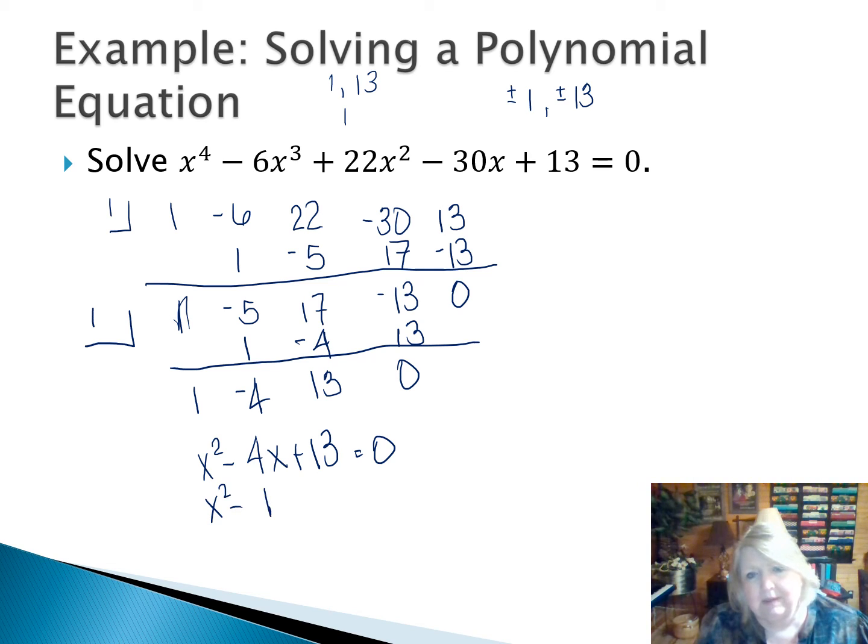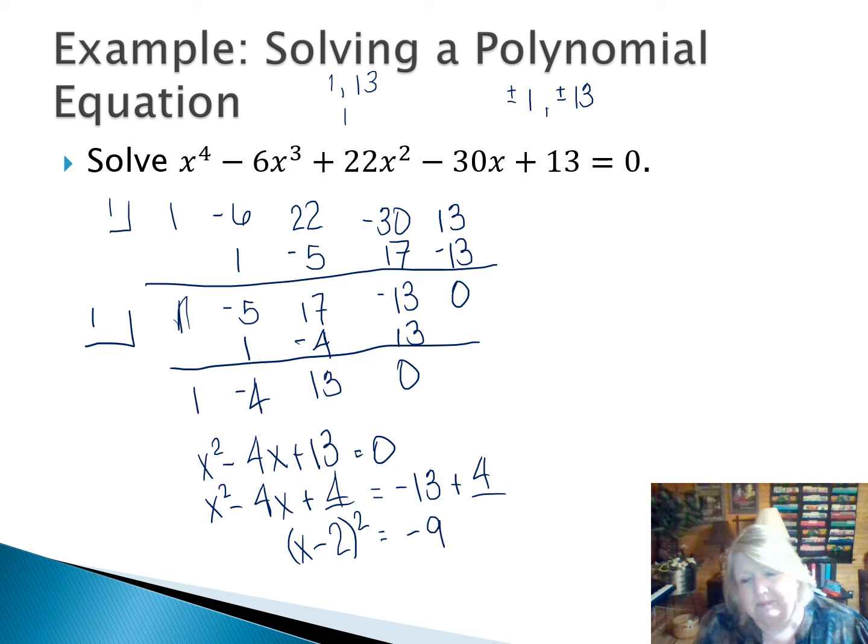So I'm going to leave my 4x over here with the x squared. I'm going to leave myself space to add something. Since it was plus 13 on the left, it's minus 13 on the right. And I'm going to leave myself space for that same addition. Well, I come down and I say x minus half of 4, which is 2, but 2 has to pass through the square to become 4 on the line above it. And negative 13 plus 4 is negative 9.